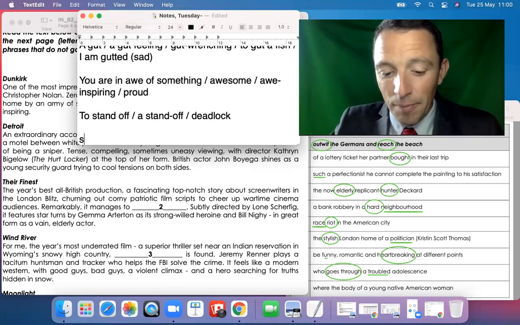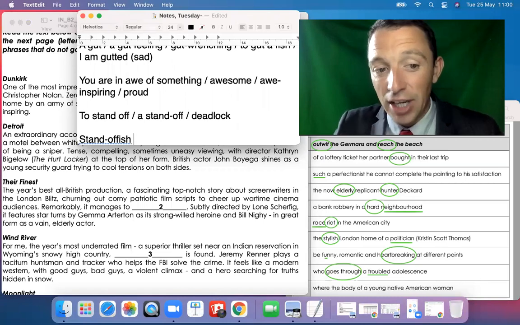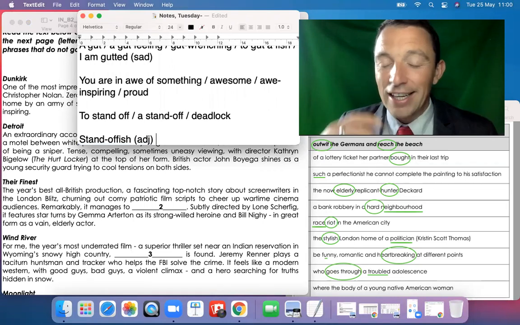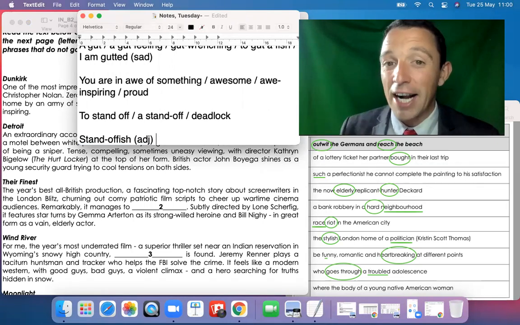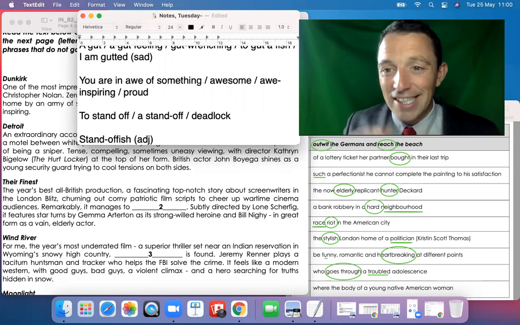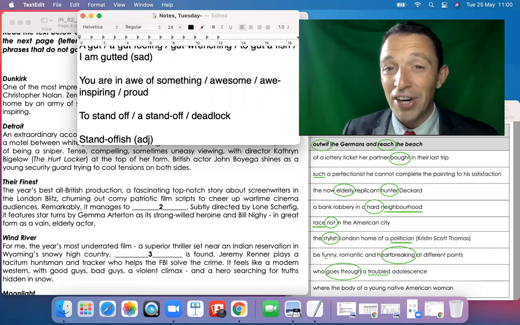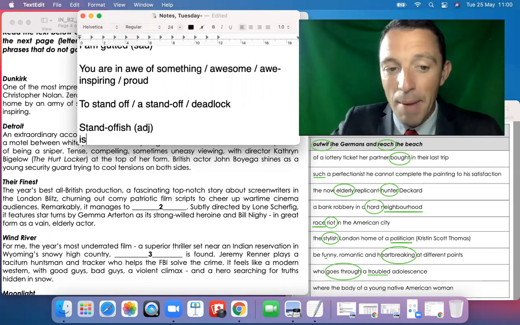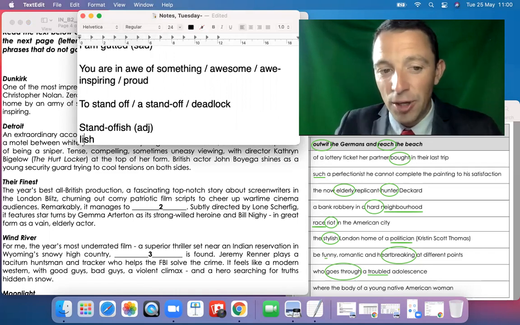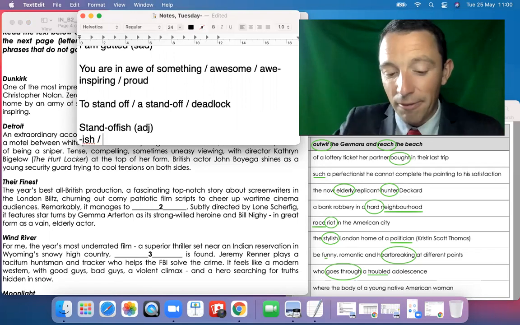A person can be very standoffish, and that means they do not really interact with other people. So if the person is very standoffish, the significance is the person is maybe very distant and there's no communication with other people, okay? And remember, the suffix -ish is a little informal and it means kind of, okay?